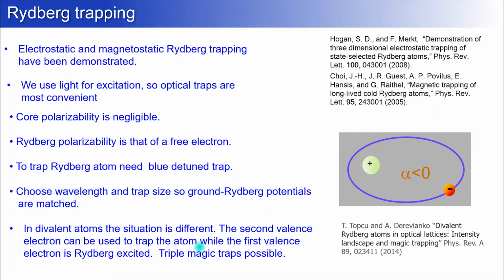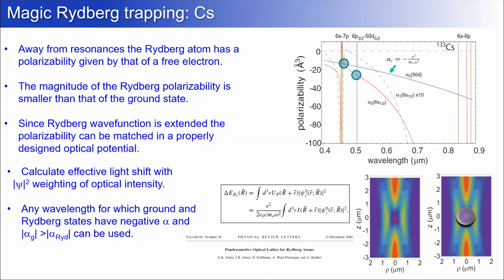As I mentioned, in divalent atoms, the alkaline earth atoms, the situation is different. The second valence electron can be used to trap the atom while the first valence electron is Rydberg excited. So there are some different details there. This work from Derevianko's group goes into those details. If we look at that a little more closely, we get curves like the following.